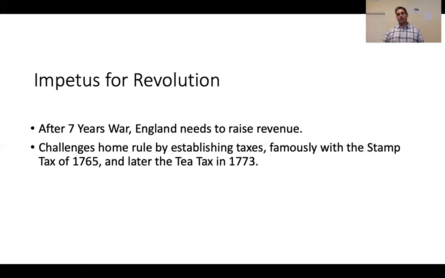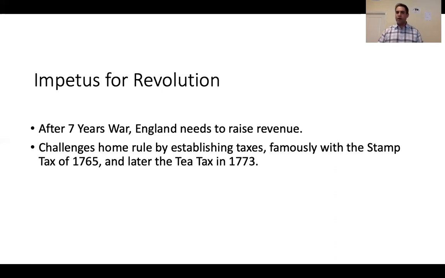And after the 7 Years' War, England, the monarch, the king, decided they needed to raise revenue to pay for the war effort. And they decided to challenge home rule by establishing taxes, famously the stamp tax of 1765 and later the tea tax of 1773, taxing colonial citizens in part to pay for the debts incurred for fighting the 7 Years' War.